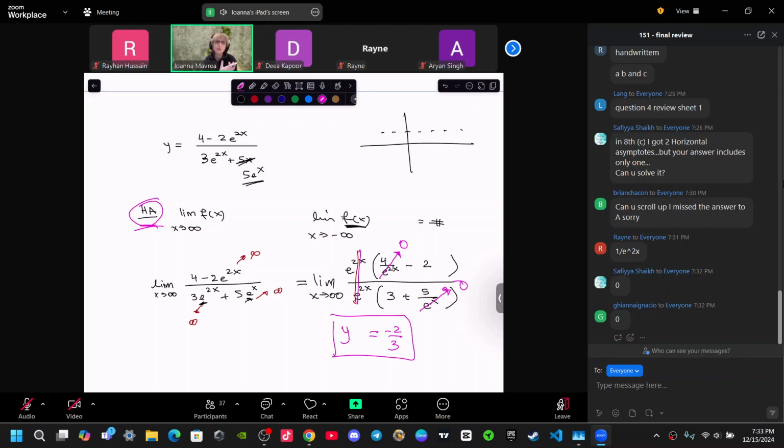And of course, you can do this on the other side as x goes to negative infinity. We get similar stuff.